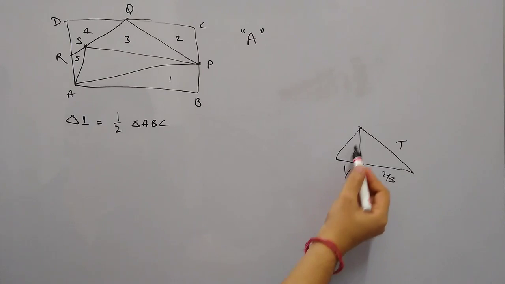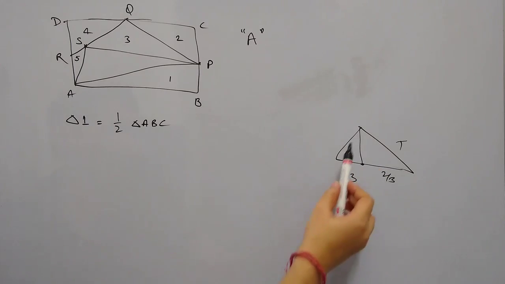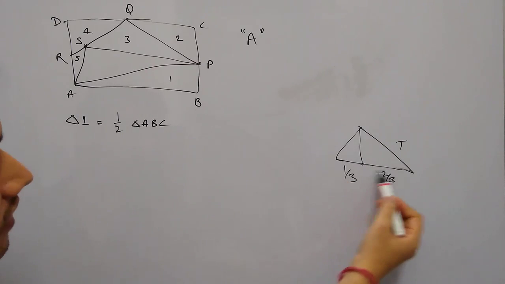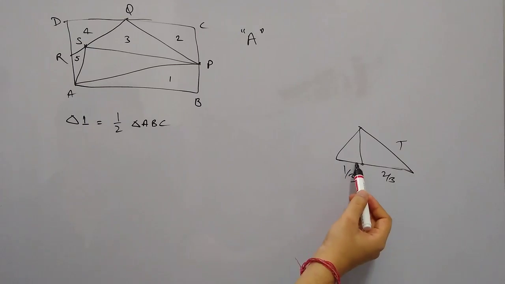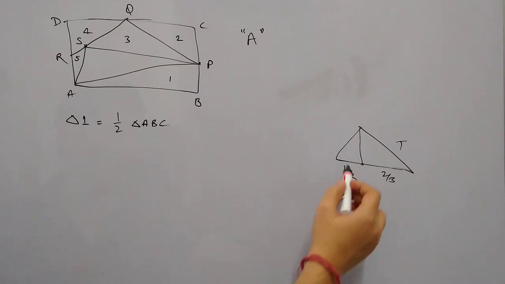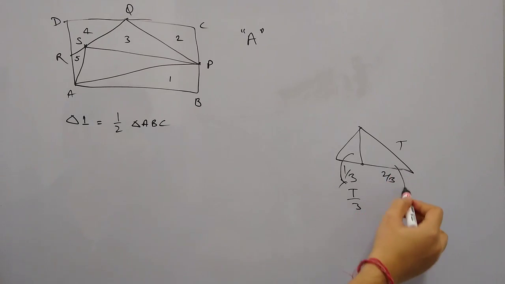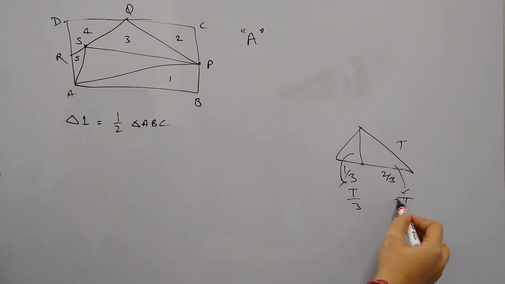The point at which this line divides the side will also divide the area in the same ratio, right? So the area of this smaller triangle will be T/3 and the area of this triangle will be 2T/3, right?